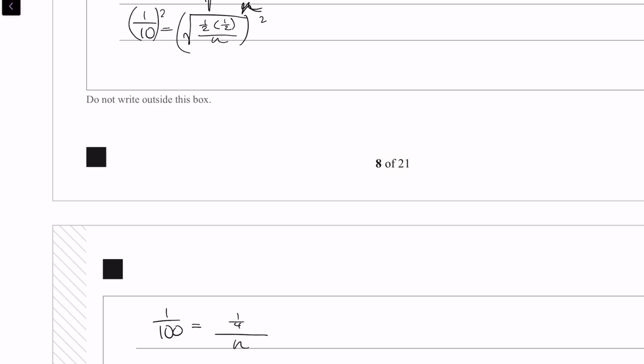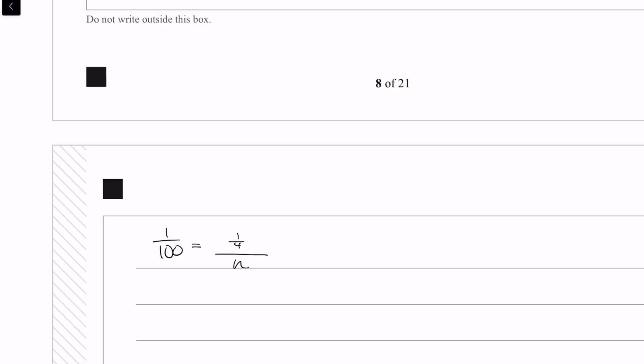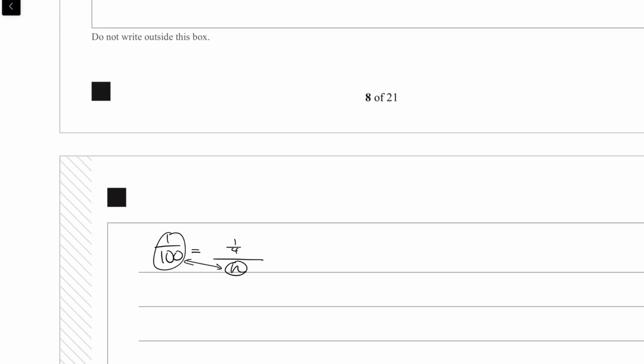Okay, and now I know I have a trick where I can just swap this component and this component. So n is equal to a quarter divided by, and I might put a divided symbol so we don't have too many fractions now, by 100. Okay, and from that I know that my n value is going to be 25.